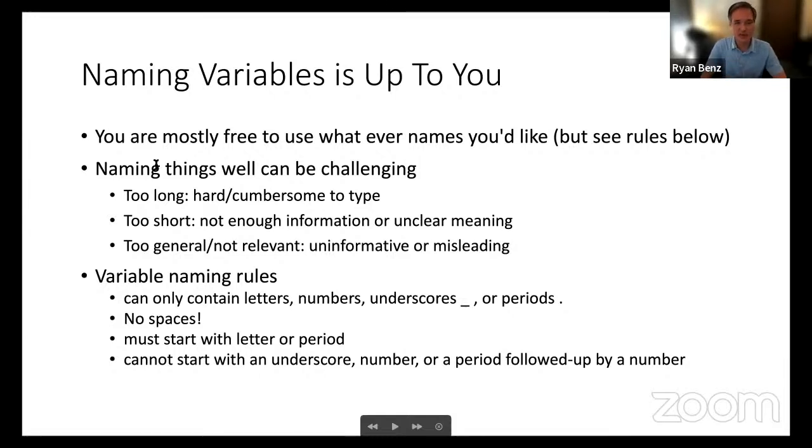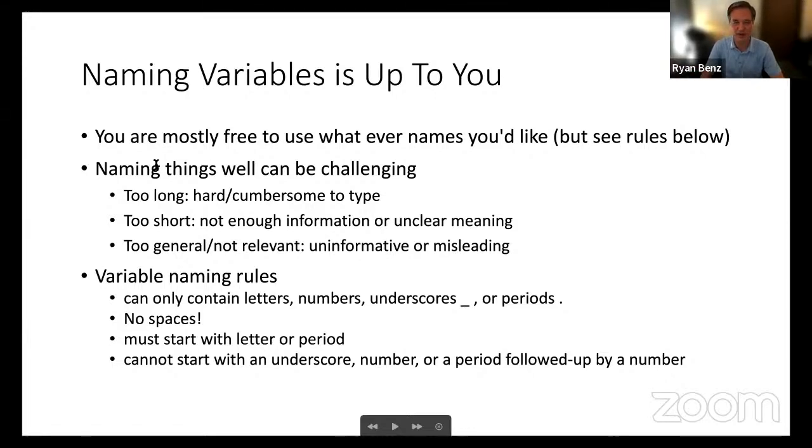Naming variables is up to you, and this actually is often a hard thing to do. Naming things often is difficult. By and large, you are free to name things however you would like, but there are some rules. Just a few considerations. If your variable names are too long, that can be cumbersome, because remember, we're going to be typing code out. If your variable name has 100 characters, that's probably going to be cumbersome to work with.